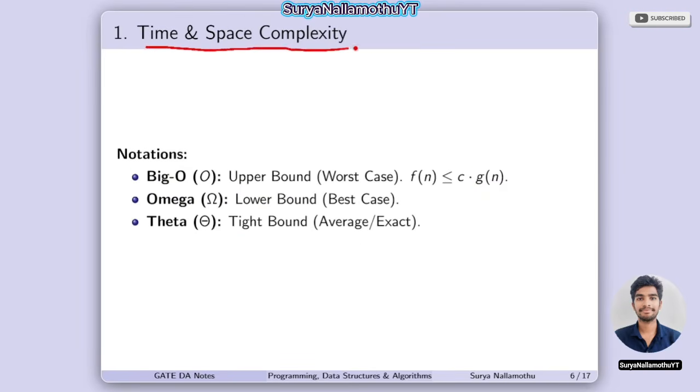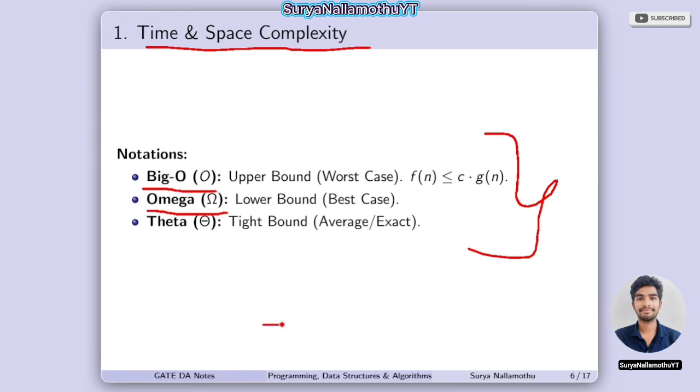The time and space complexity. The notations are here. We observe that big O is an upper bound. This is what we call the worst case, and omega, this is the symbol for omega, is the lower bound for the best case.